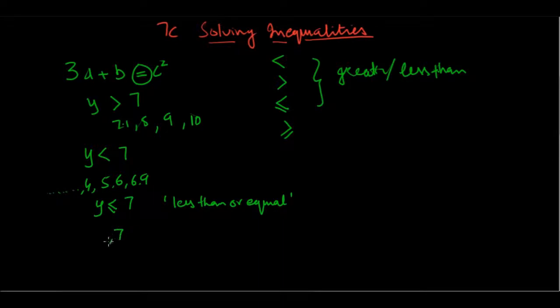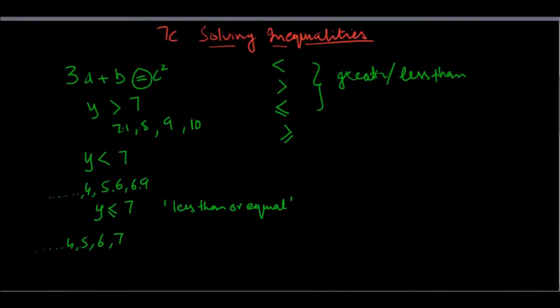Okay, so y can be 7, 6, 5, 4, and so on. Also, just to remind you, I'm not writing the decimal numbers here, but those are also included. So anything between 6 and 7 could also be a value for y. Okay, so in other words, this does not limit it to integers.